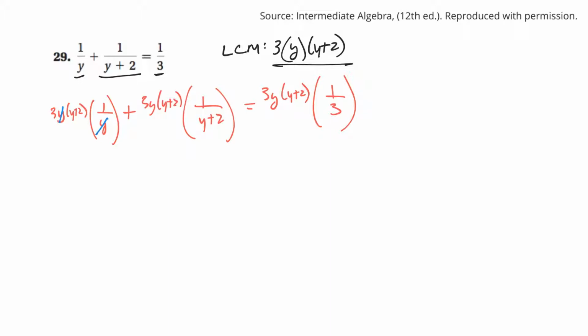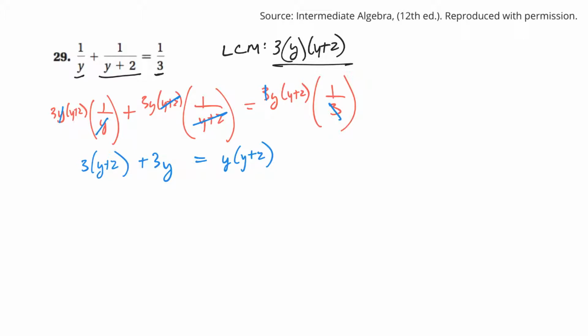So for this first term, I'm left with 3 times y plus 2. The next one, I'm just left with plus 3y times 1, which is 3y, is equal to, the 3 goes, so I'm left with y times y plus 2, times 1, which won't change things.